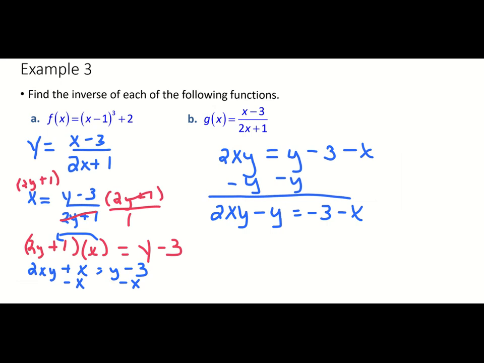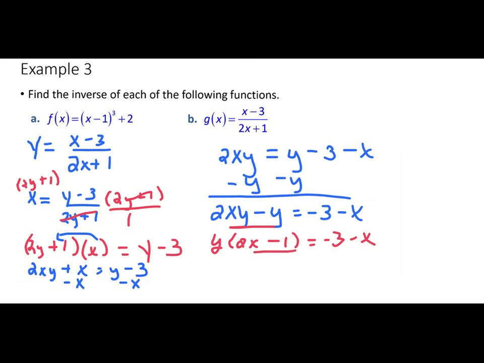It's in both terms here, but they're not like terms, so I can't combine them. But I can factor out my GCF, so I'm going to factor out my y. I'm going to make it y times 2x minus 1, because notice if I pull a y out of both of those, it equals negative 3 minus x.